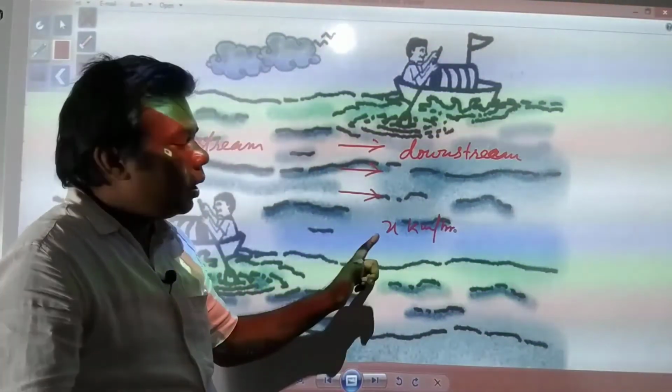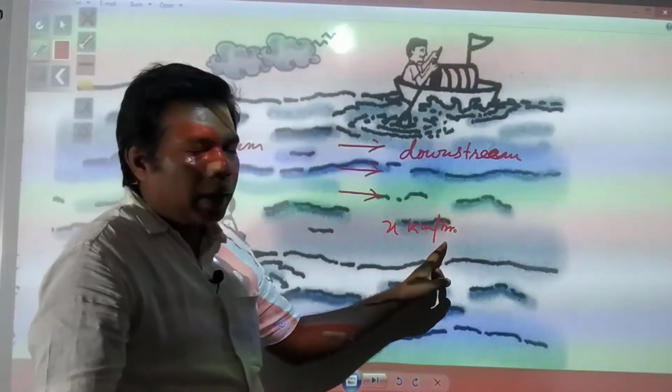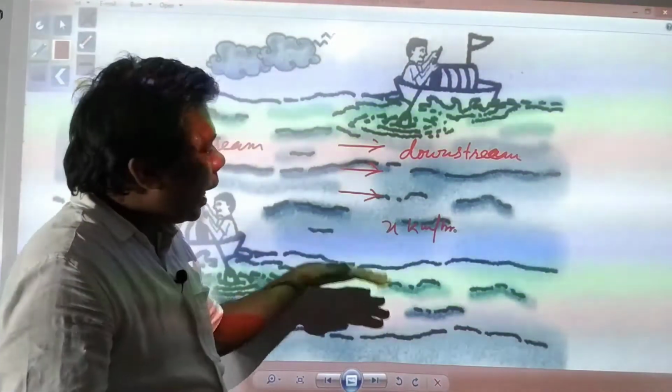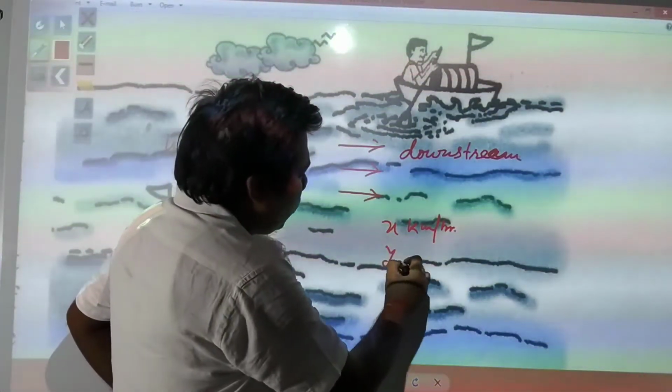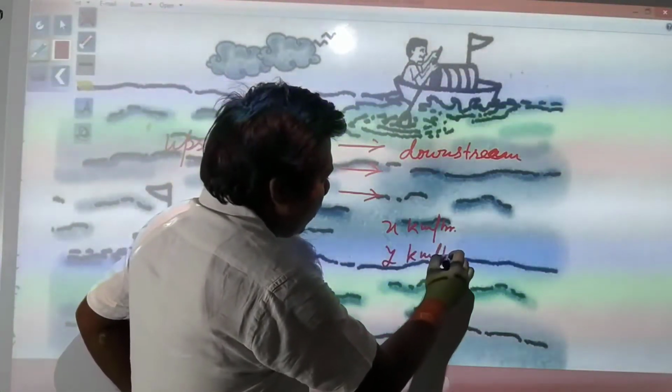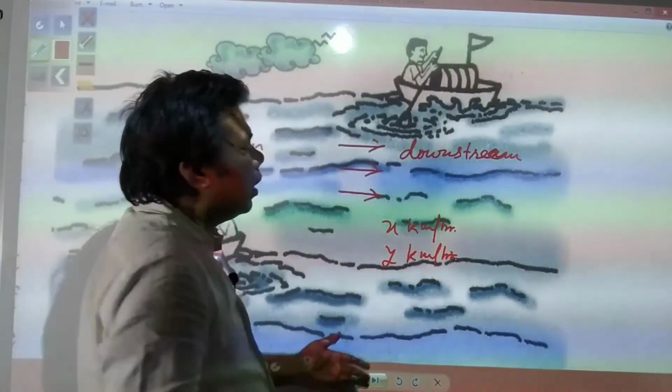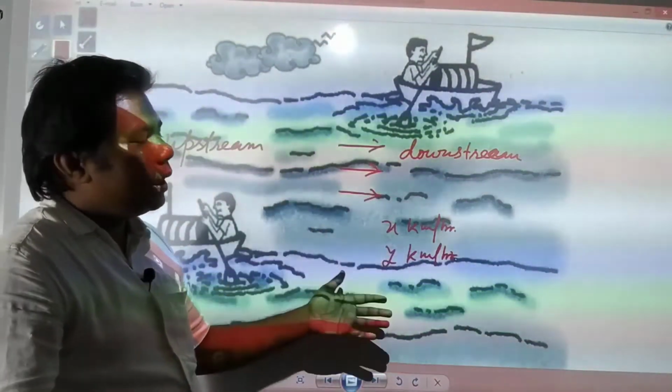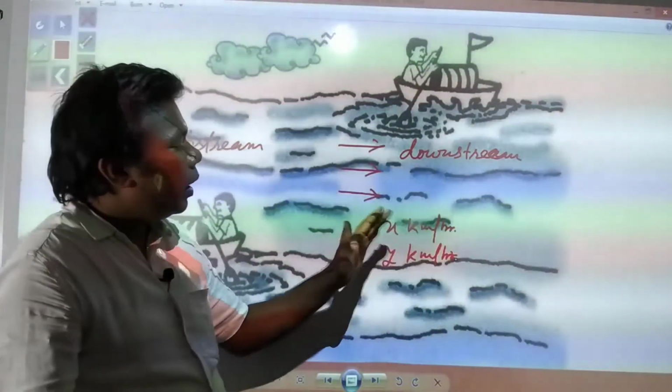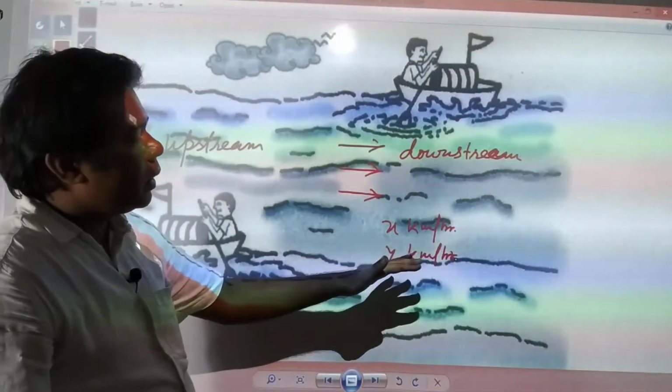and the speed of the current is y km per hour, then the distance traveled, in the question it is completed in 2 hours.